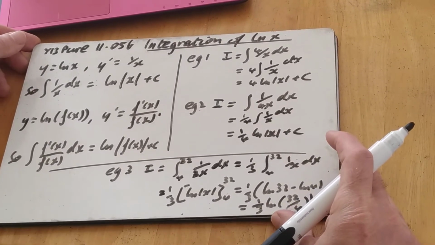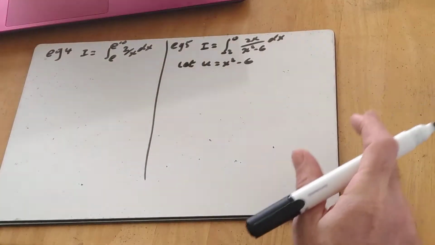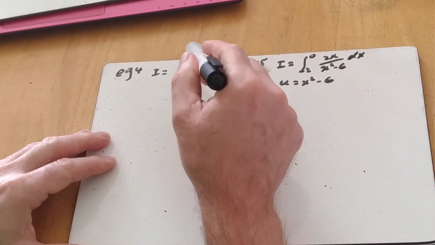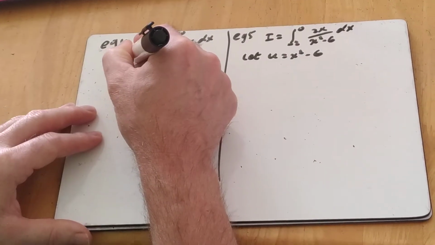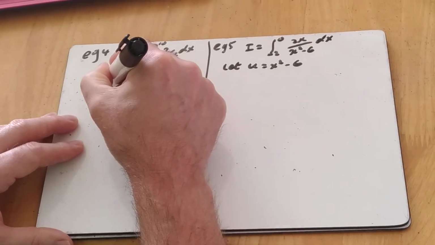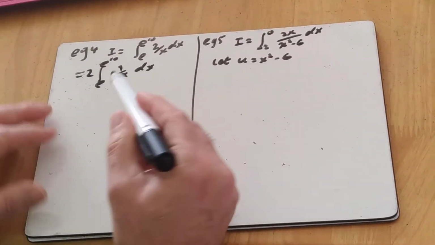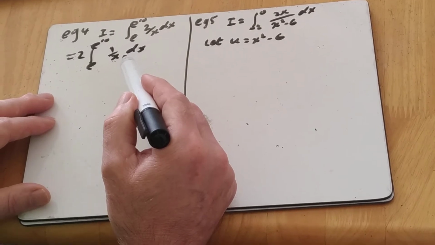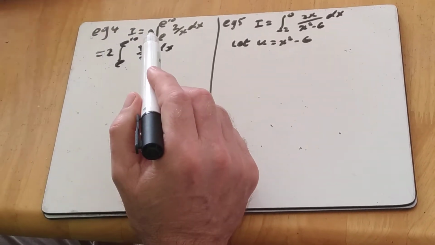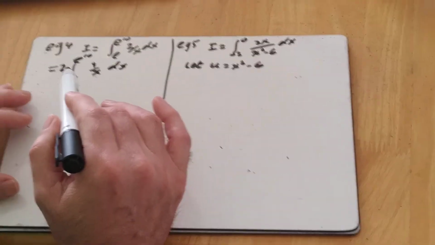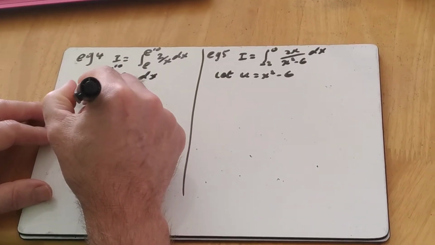Okay, so let's have a look at a few more. Similar sort of thing here, where the limits are actually in terms of e. As before, what would I do? I'd take the 2 out the front, write it as 1 over x dx. It takes, I don't know how long that took, 5 seconds. But it means, particularly for example 2, ones like that, people are going to make fewer mistakes, and you'll see that for other things later on.